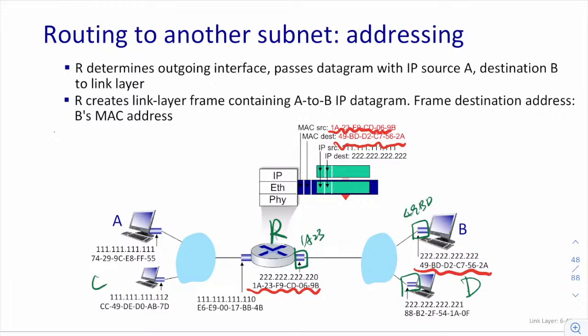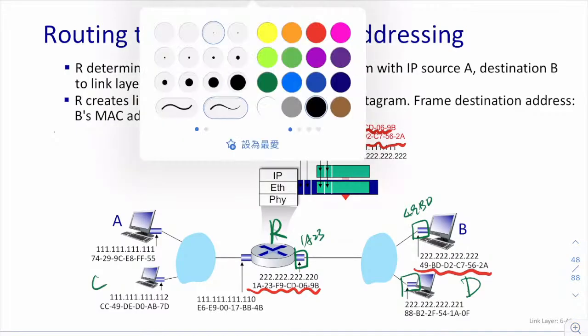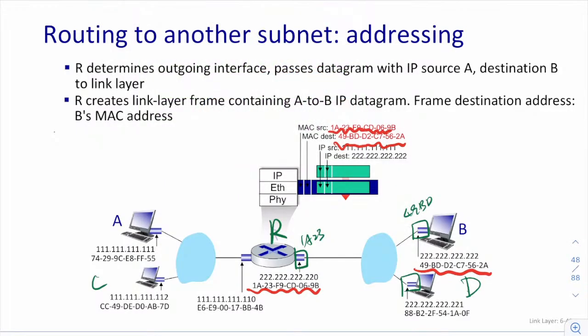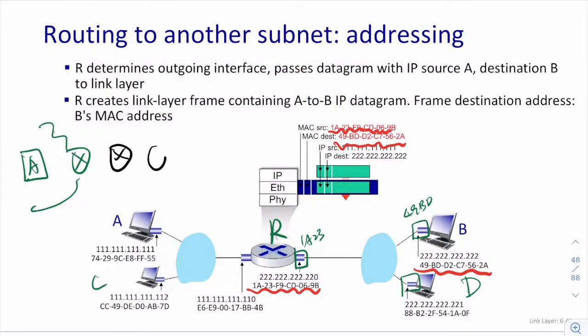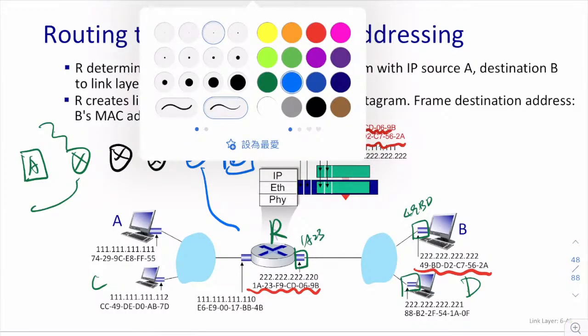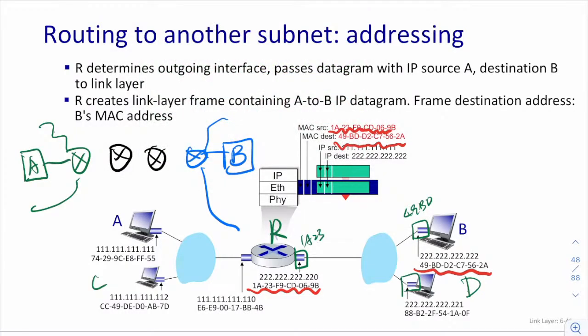Okay? And I would like to draw something right here, okay? If it is more complex, for example, we have an A right here, and we have a router right here, and we have some other routers right here, and some routers right here. When we do routing, we have several different routers in the route, right?